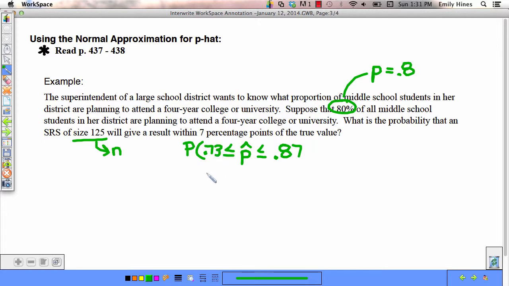Because when I subtract 0.07, 7 percentage points, from 0.8, I get this, and when I add it, I get that. So this is my question. What is the probability that it's going to be between this?